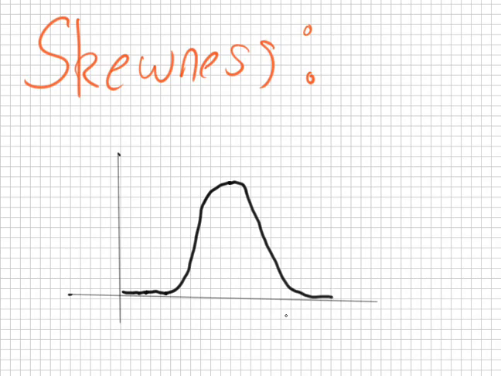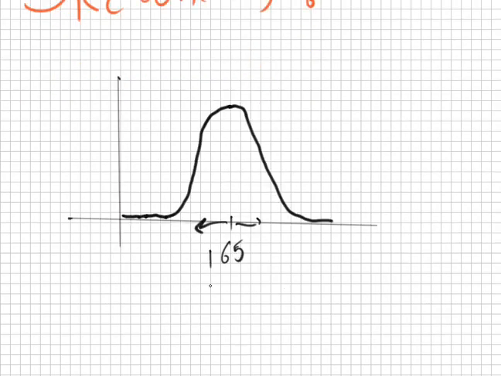For example, for heights, you might get a lot of people around about 165. But as you move away from this, you get fewer and fewer people of that height. So usually your histogram is symmetric, like a mirror, the same on both sides. But sometimes it can be leaning towards one side.